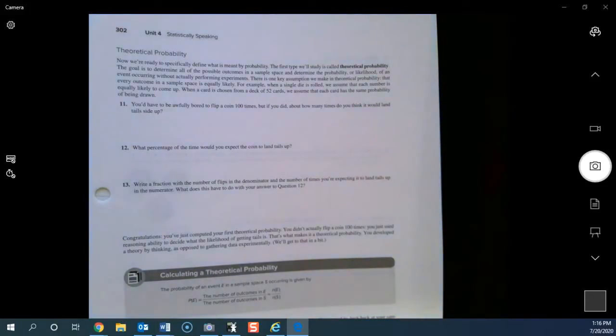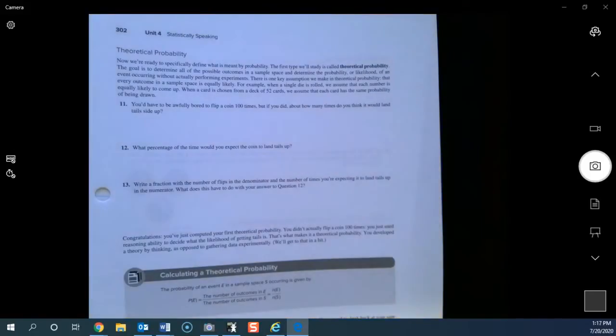There's one key assumption we make in theoretical probability: that every outcome in a sample space is equally likely. For example, when a single die is rolled, we assume that each number is equally likely to come up. When a card is chosen from a deck of 52 cards, we assume that each card has the same probability of being drawn.